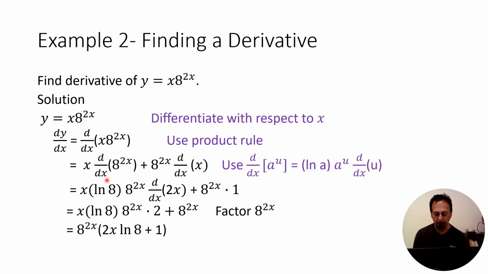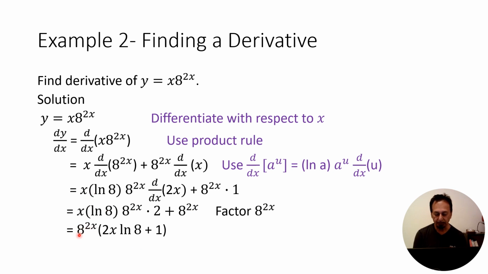So the derivative of 8 to the 2x, using this formula, will be natural log of a, and a is 8, so natural log of 8 times 8 to the 2x, and times d over dx of u, and u is what? 2x. Plus 8 to the 2x, and d over dx of x is 1.